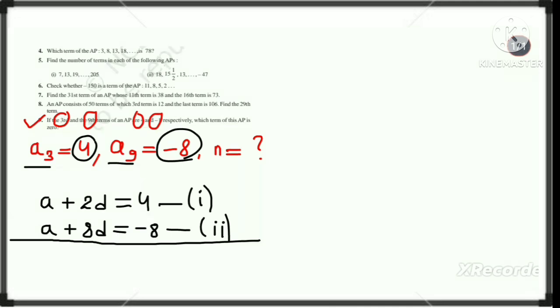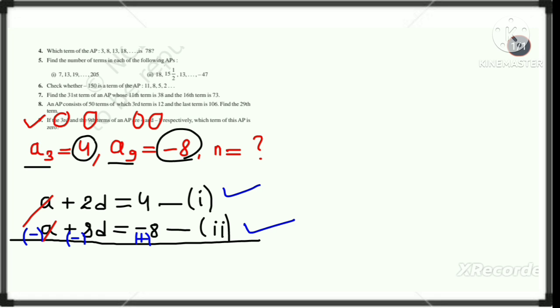Now let's subtract equation 2 from equation 1, and in doing so, the sign of the terms which are getting subtracted will be changed. So the sign of this a will be changed into minus. Similarly, the sign of 8d will be changed into minus, and here will be plus. Now this a and this a can be cancelled out, and here minus 8d and plus 2d.